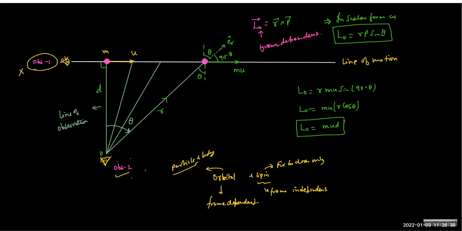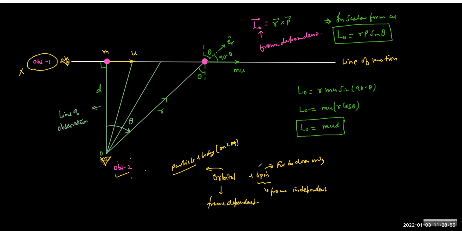So this is basically for a particle, but in case of a body, only the center of mass we take as a particle, and then we describe the orbital. So we define orbital for a center of mass, and we define spin as a separate property.